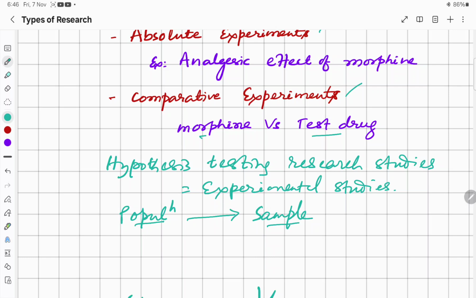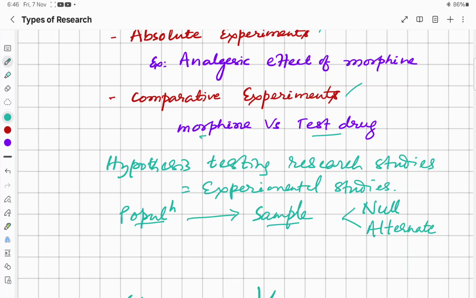So there can be two types of hypothesis. One is null hypothesis and the other is alternate hypothesis. In the null hypothesis, there is no difference between the sample mean and the whole population mean, whereas in alternate hypothesis there exists a difference between the sample mean and the whole population mean.